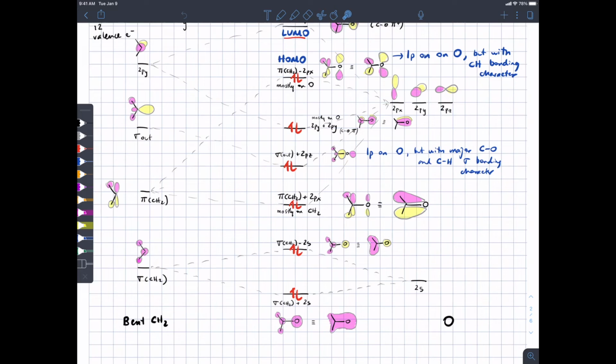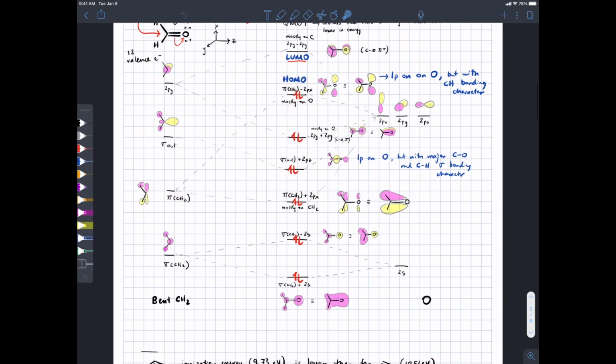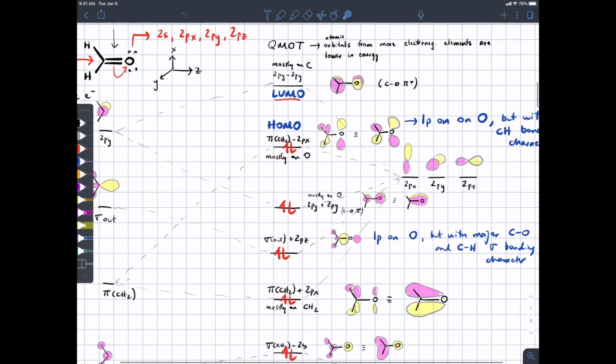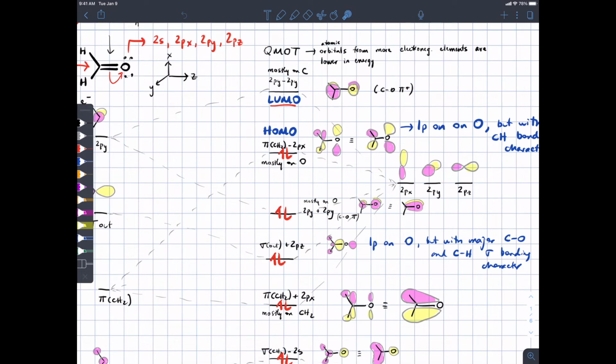Yeah. Okay. And then just one more question on that. Why is it that on that pi CH2 minus 2px, we had a majority of the electron density on the oxygen there? Good. The reason for that is just what we showed back in chapter 14 with some calculations in the two orbital mixing problem: when you mix two orbitals that are different in energy, the bonding combination is mostly on the atom that had the lower energy orbital, and the anti-bonding combination is mostly on the atom that had the higher energy orbital.